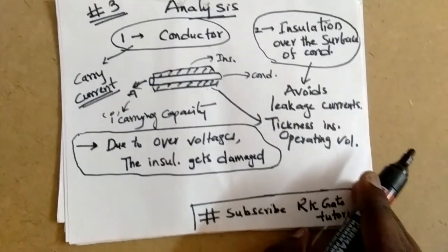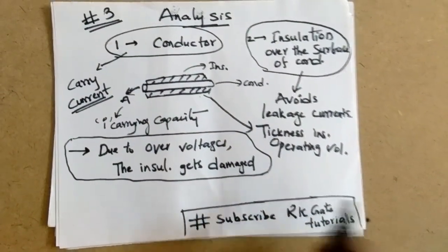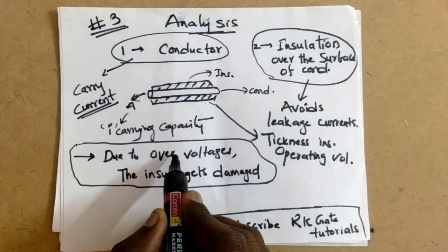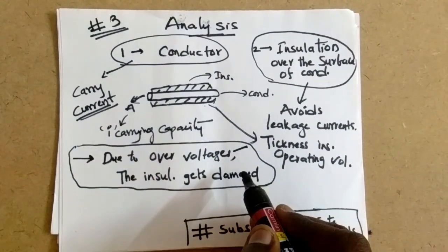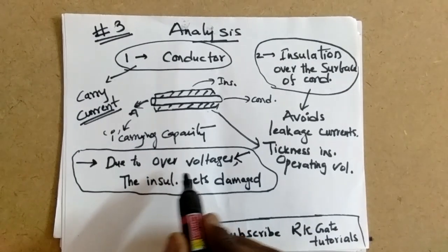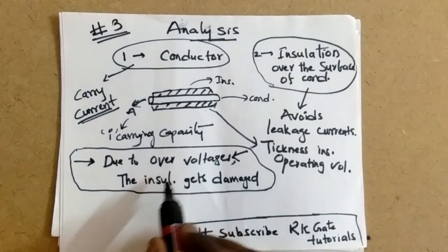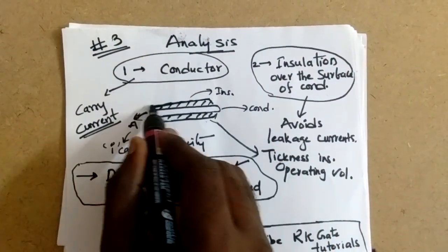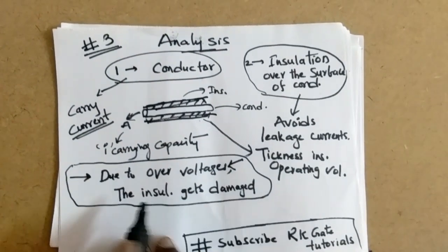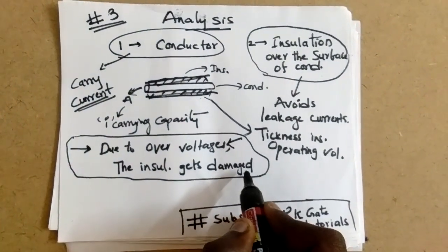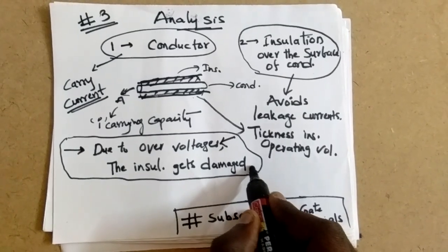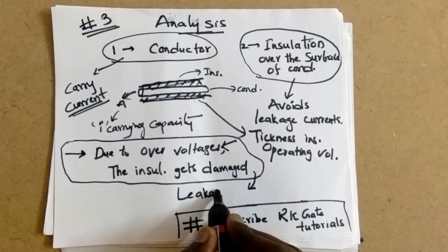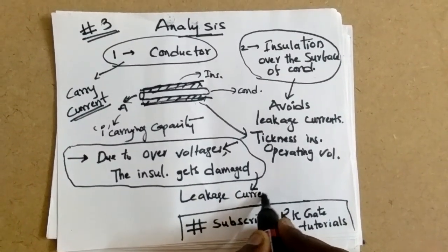So this is the analysis of the open circuit fault. When the open circuit fault takes place, it results in over voltages. When the over voltages arise, the insulation over the surface of the conductor gets damaged. Then immediately the leakage currents among the conductor increase.